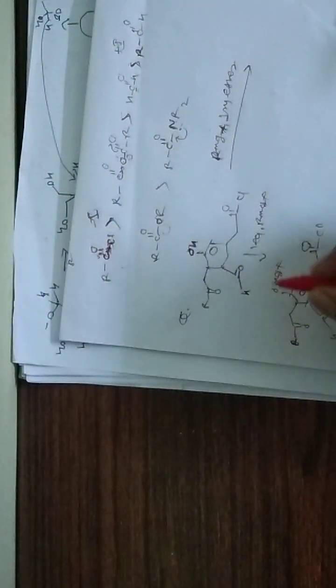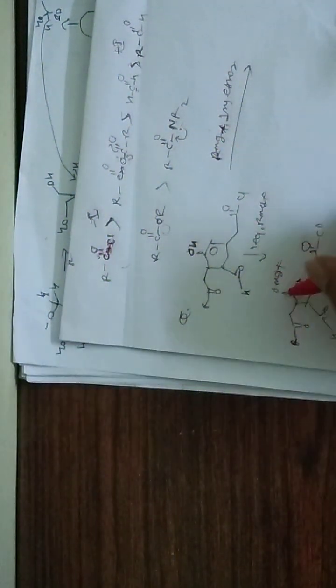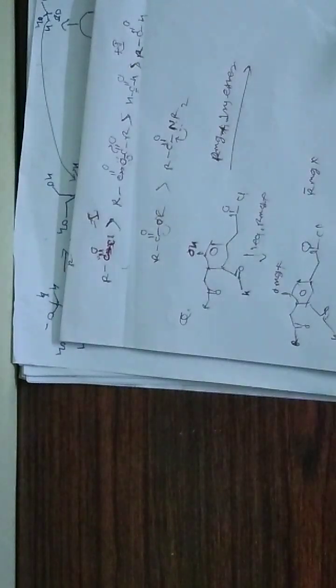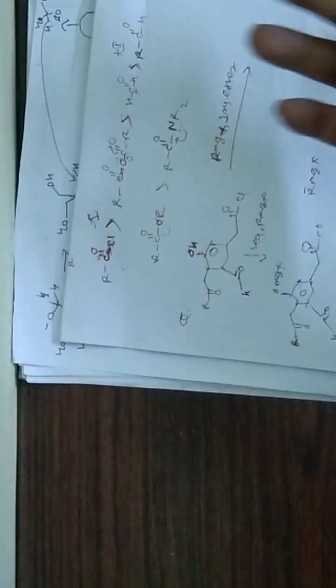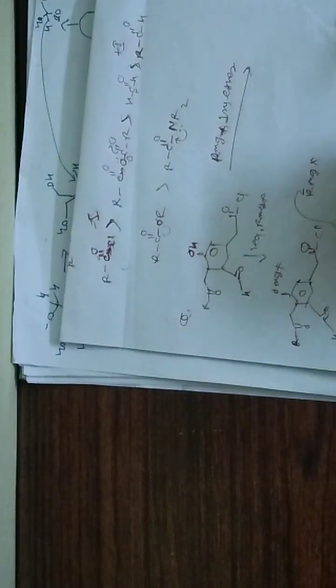Now if I take two equivalents, this will react with one equivalent, and another equivalent RMgX will react preferentially with which carbonyl group among these, this one or this one? I have already told you which is more reactive. Obviously this will attack that carbonyl carbon. This bond will open, come back, and this chlorine leaves.